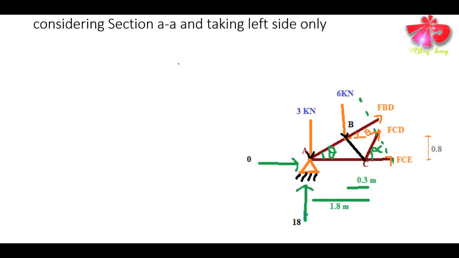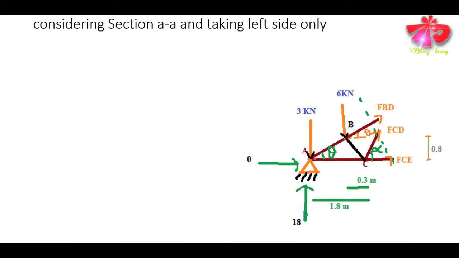The other important thing that we need to assess is at which joint we can apply the moment, so that we can easily find out the unknown member forces. So which joint is that? So from which joint can we use the equilibrium equations, so that we can easily find out the unknown member forces? So let us see.